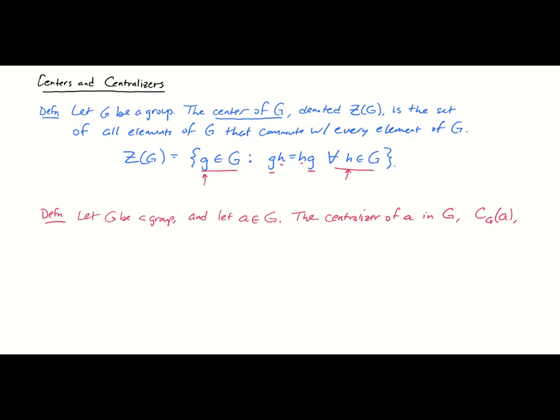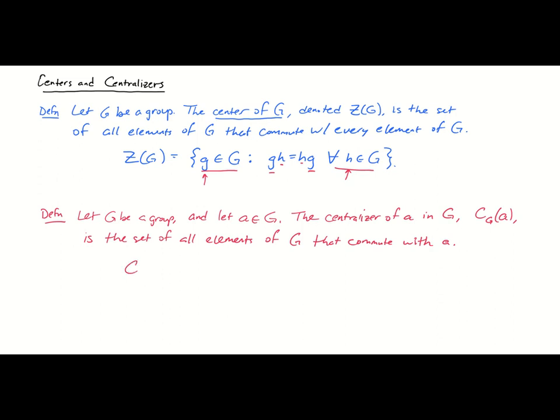The centralizer of a in G is the set of all elements of G that commute specifically with a. Those elements might commute with other things, but we're looking at the set of all elements that commute with a.